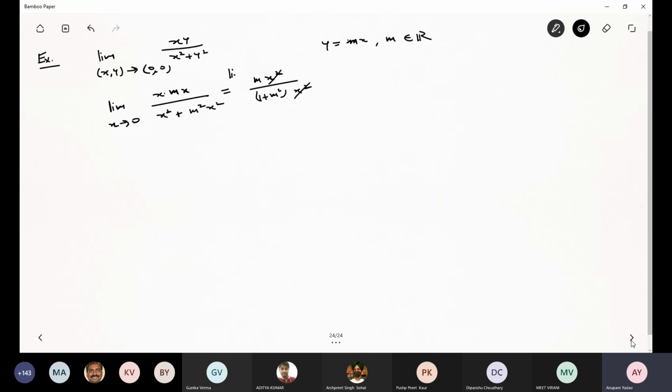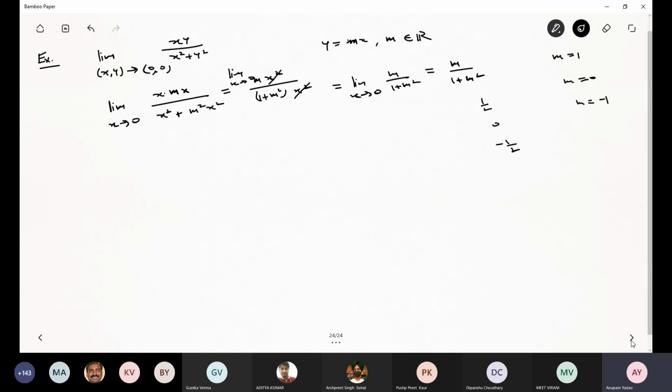Here you should write limit x tending to 0, and then this should be equal to limit x tending to 0 of m upon 1 plus m square, which is m upon 1 plus m square. So if I take m equals to 1, this would be how much? 1 upon 2. If I take m equal to 0, this would be how much? 0.